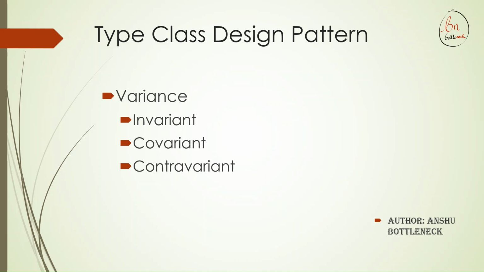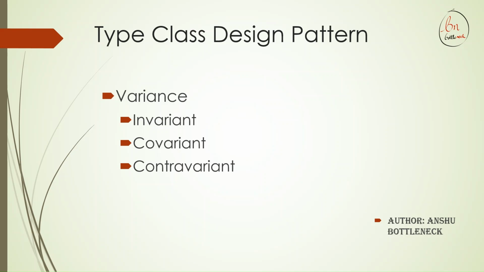Similarly for covariant, a type parameter is covariant if, for a given parameterized type, we have a subtype and supertype convention. Covariance is typically used in type classes where the type parameters only appear in the return type.